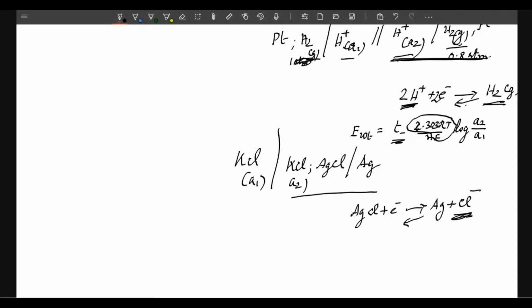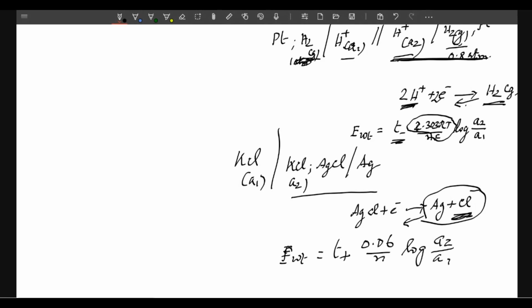Therefore, in this type of cases, the cell EMF is calculated using E equals T plus, and other things remaining constant, by N into log of activity of the anode solution by activity of the cathode solution.